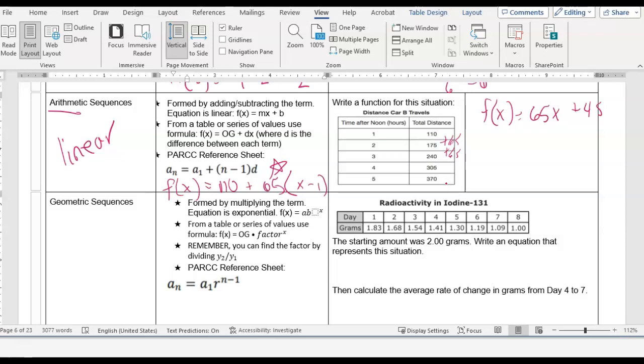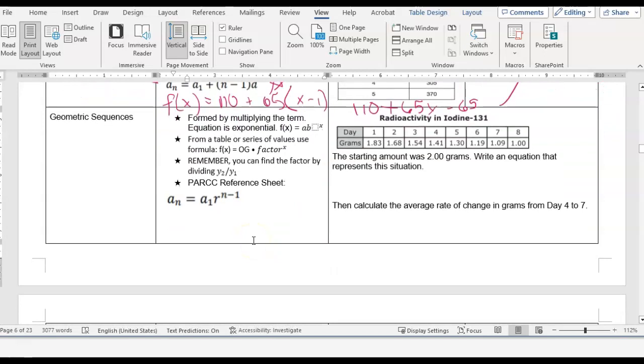And if you were to multiply that through, we would get 110 plus 65x minus 65, which is the same as this. So if you get stuck, you can also look at your reference sheet and you'll see this formula that can help you to work through that. All right, but remember, we're looking at the initial value plus the rate of change.